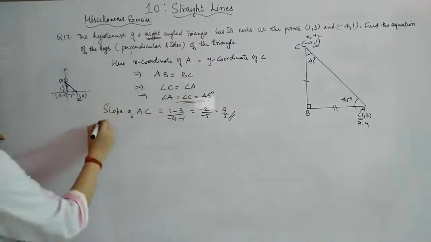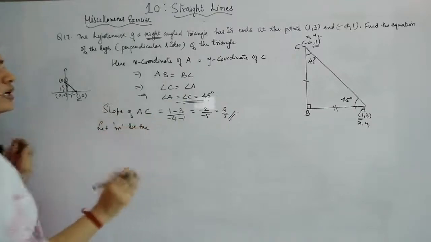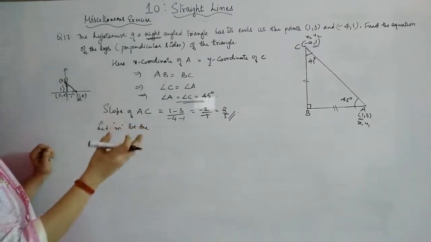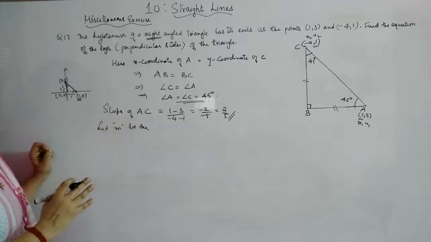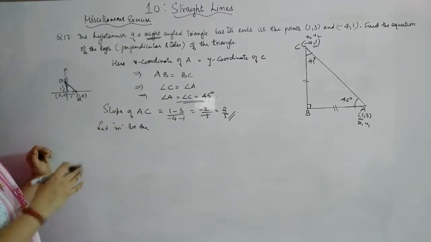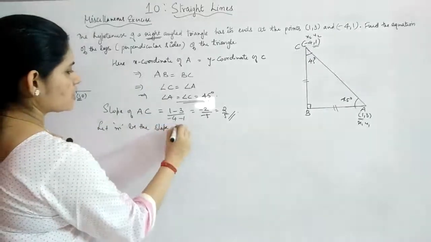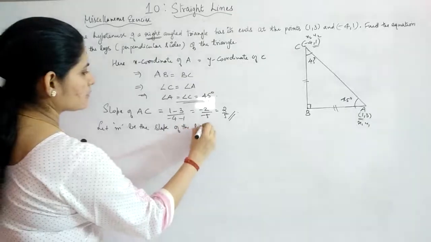Now let m be the slope of one of the lines. That means it can be either AB or BC, because both form the same angle with the line. So m is the slope of those lines.